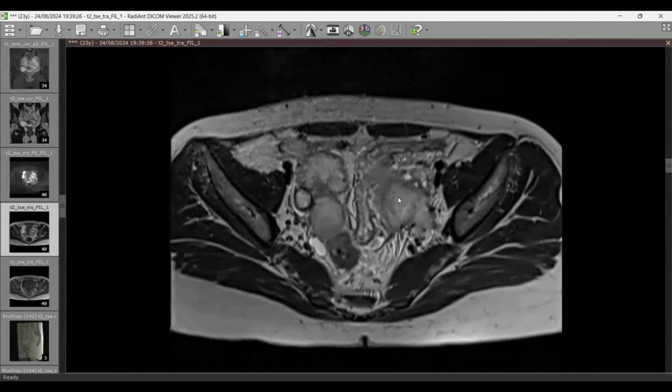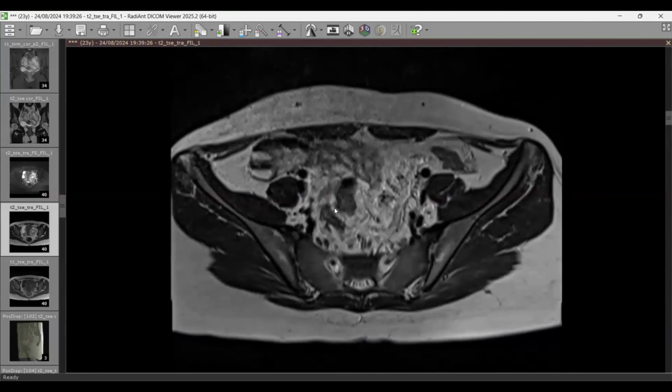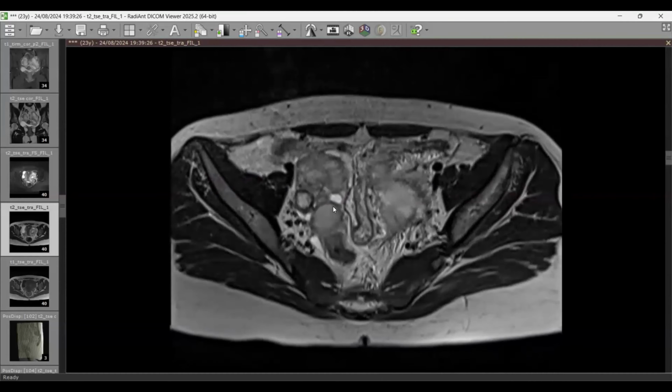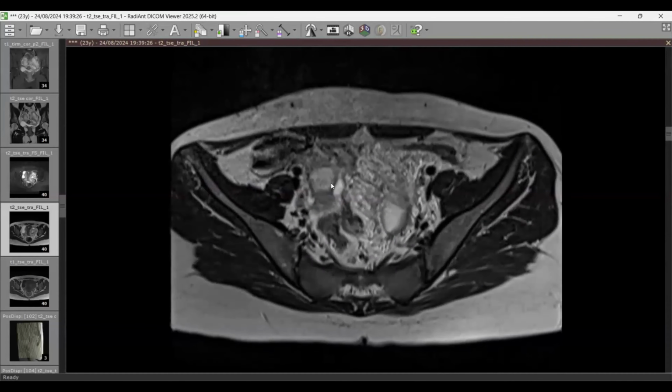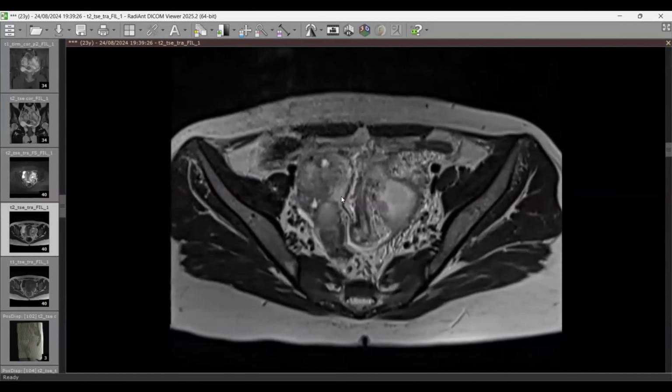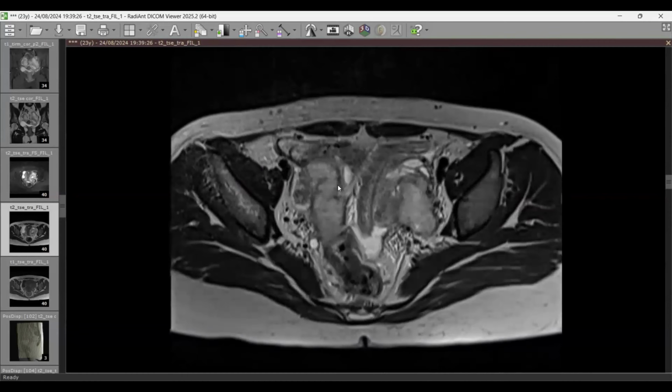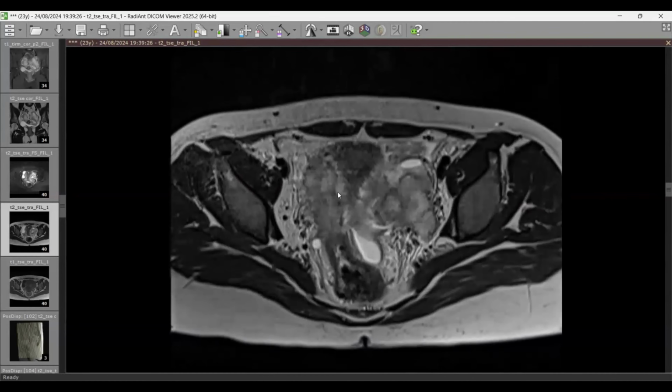Yeah, it is also on the left adnexa. So they are of intermediate signal intensity with a few high signal intensity areas seen in the surrounding periphery. So in my routine practice, I'll further evaluate this on T1 images.